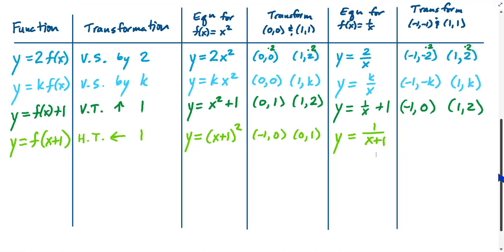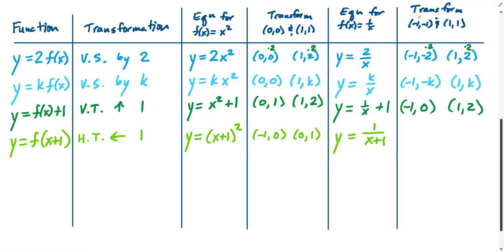Well, if I see y equals 1 over x plus 1, then that's equivalent to y equals f of x plus 1, where f of x is 1 over x. In other words, this is a reciprocal function with a horizontal translation left 1.